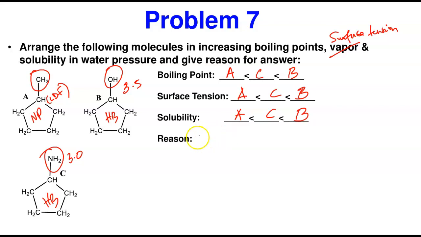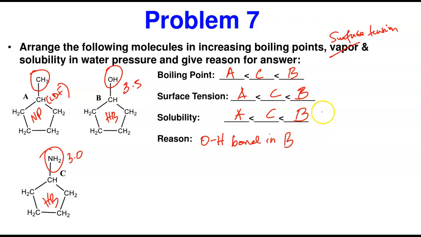The reason is that the OH bond, the OH group, is in B. Of course it is in B. Let me just write it.